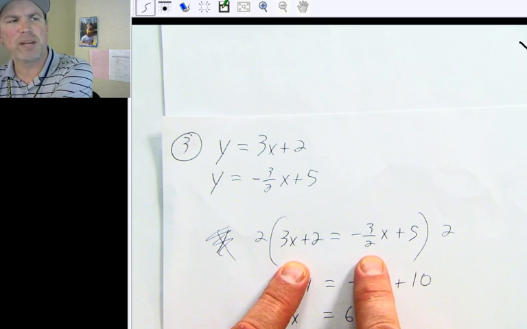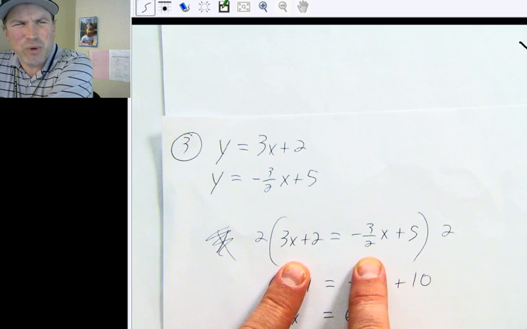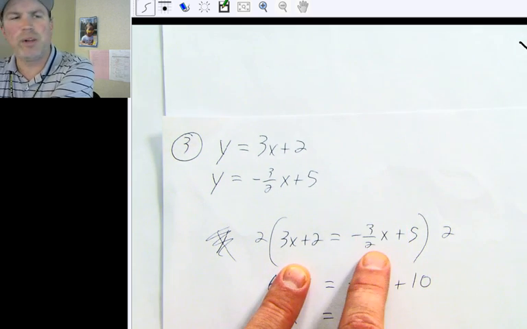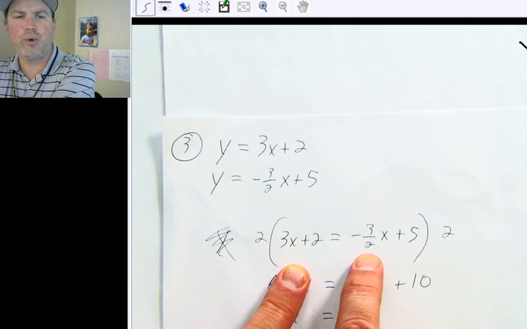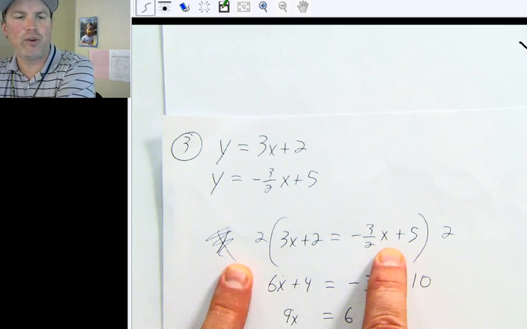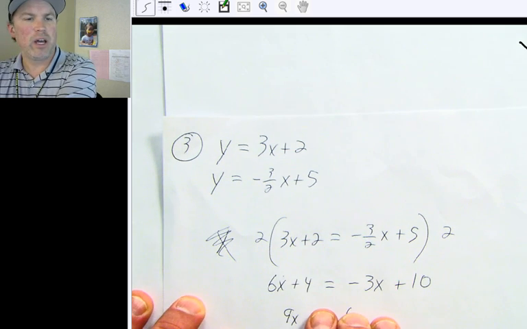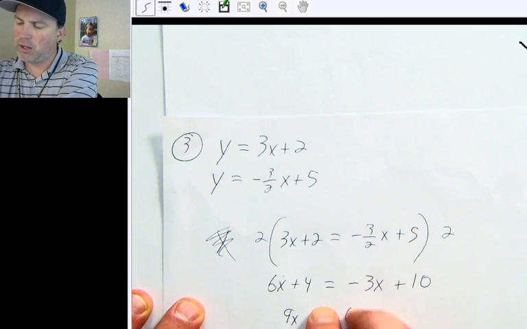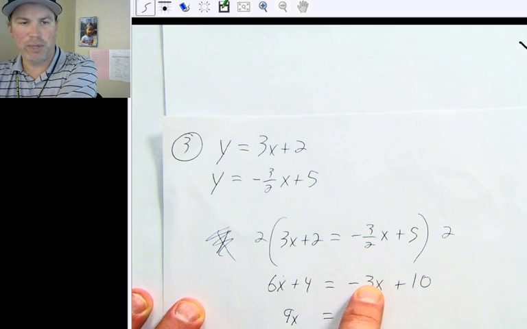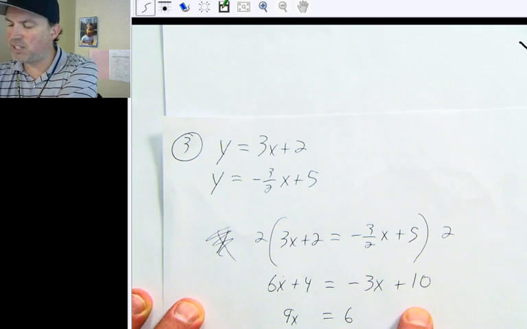And when people start making mistakes, I'm just like, let's work this problem out so that you don't have any fractions at all. Because the only denominator in this problem is a 2, we can multiply everything in this equation by 2, and the fraction will be eliminated. 3x becomes 6x, 2 becomes 4, negative 3 over 2 x becomes negative 3x, 5 times 2 is 10.